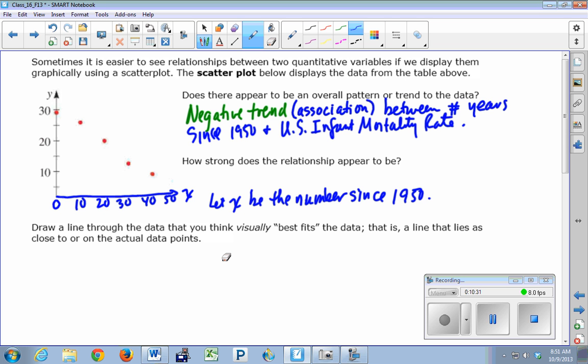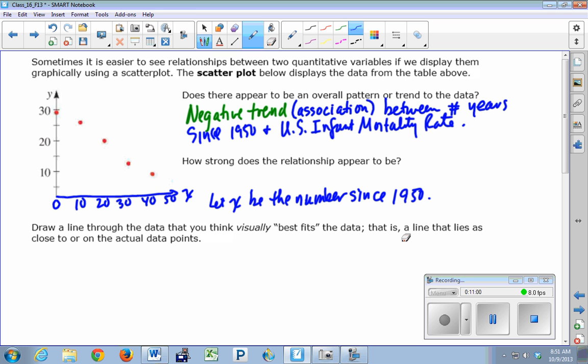So you just ballpark with your pencil and use your bookmark if you want a little ruler and just eyeball what you think might be the line of best fit here. And what we mean by that is a line that lies as close to these points as possible. Sometimes it might go through an actual data point, sometimes it may not. Has everybody drawn a line through?